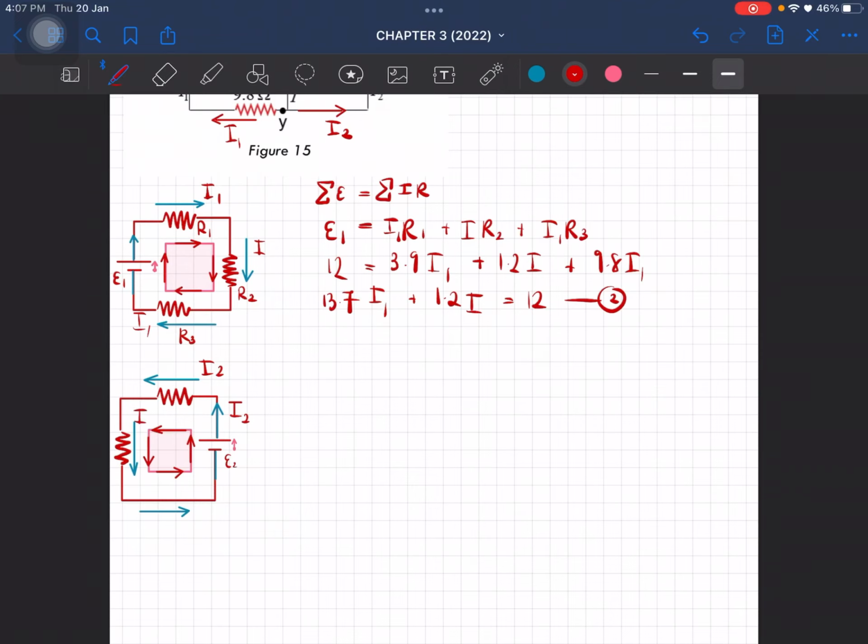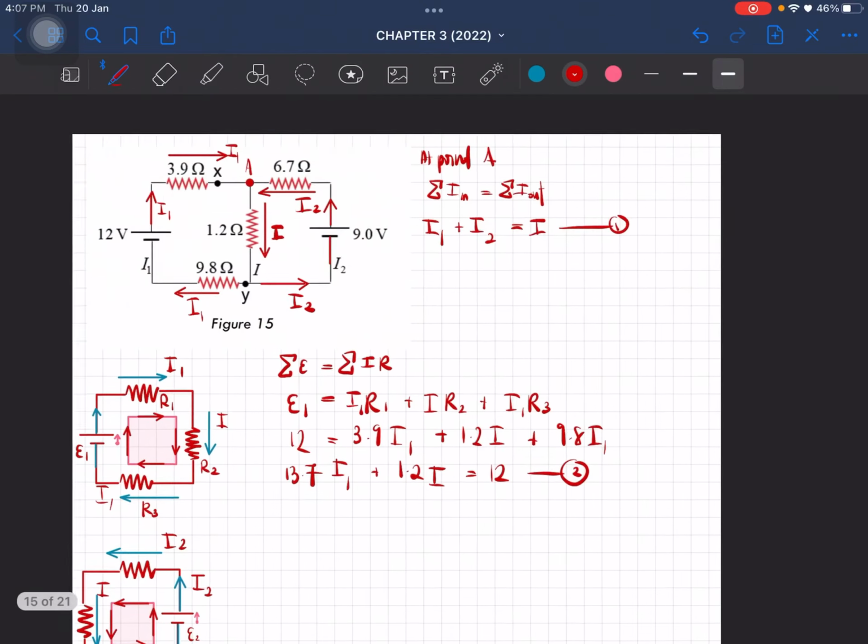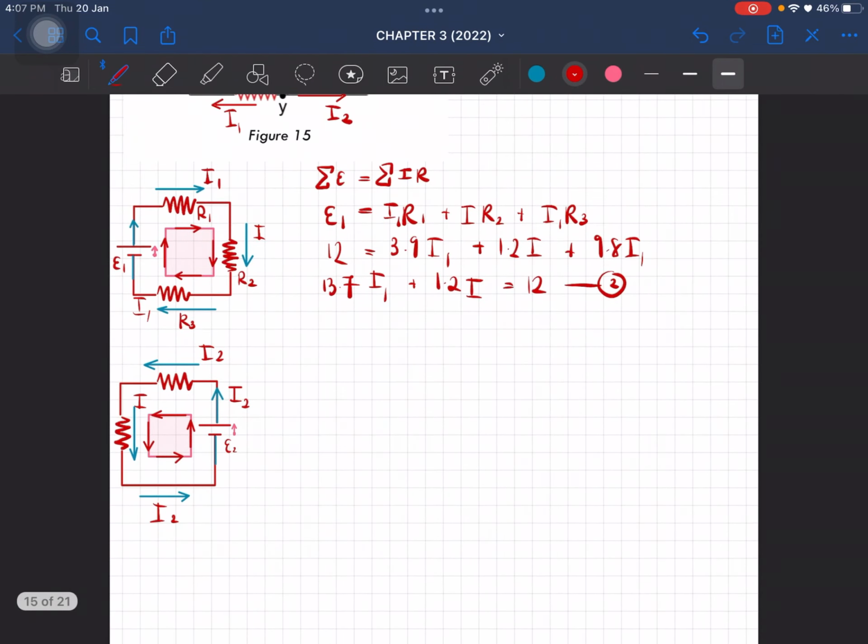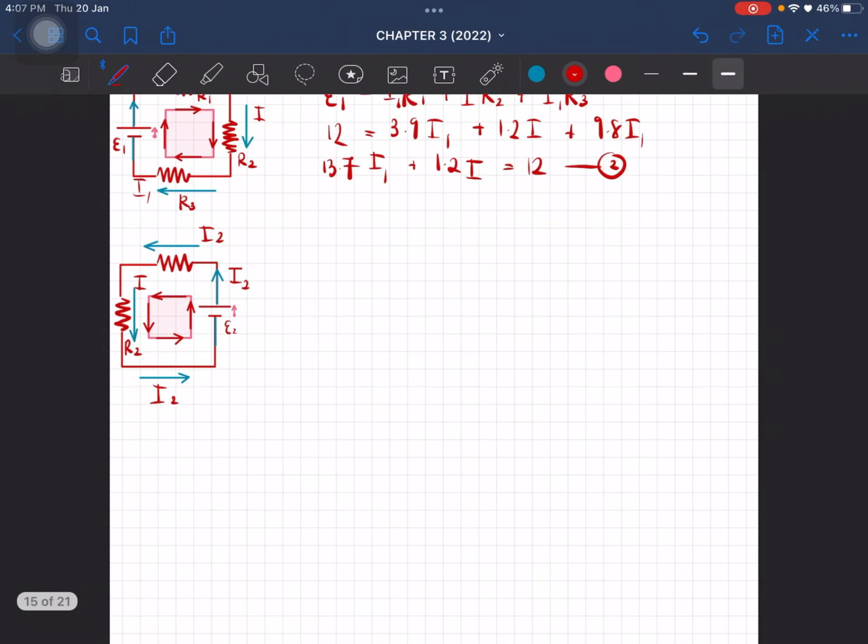Okay, what else? I need to label them. So this one is, what was it earlier? R2. Okay, R2. So this is going to be R4.